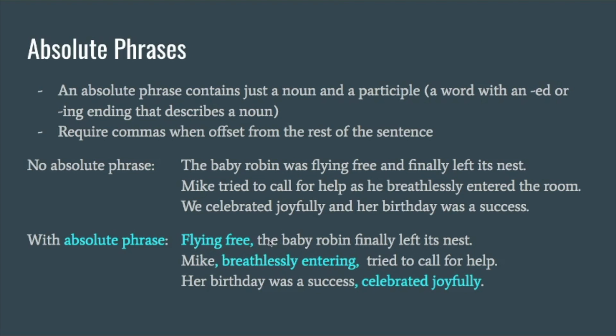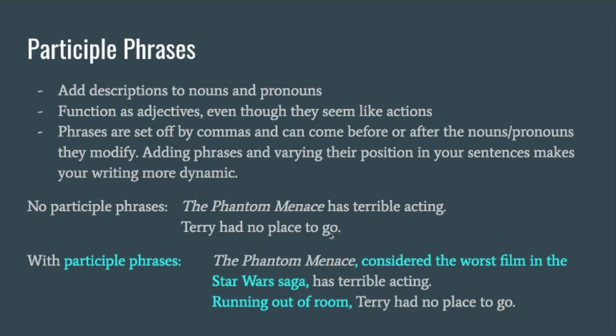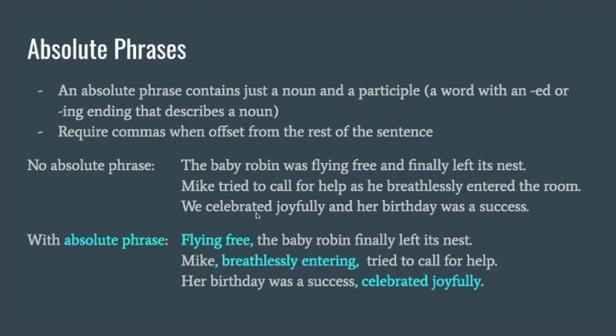Or even at the end, the baby robin finally left its nest, comma, flying free. So you have a lot of different options for where to put your absolute phrases, and really it just takes practice and time to see what sounds right, what feels right with where you're putting these phrases in your sentences.